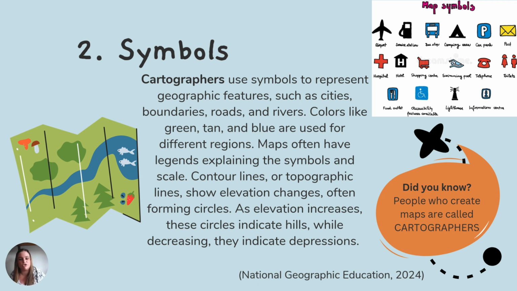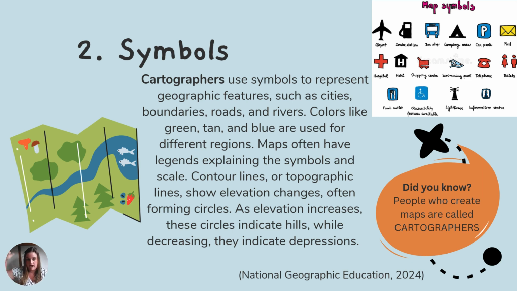Contour lines or topographic lines show elevation changes, often forming circles. So now what is elevation? So elevation is when it's either high or low or extremely low. And what would be high, low, or extremely low? That will be our mountains or our rocks or our rivers. And these elevations are usually shown with different brown colors, different browns, different oranges.